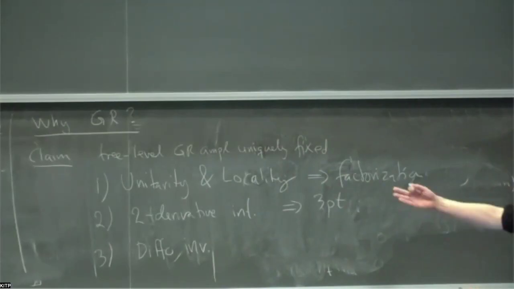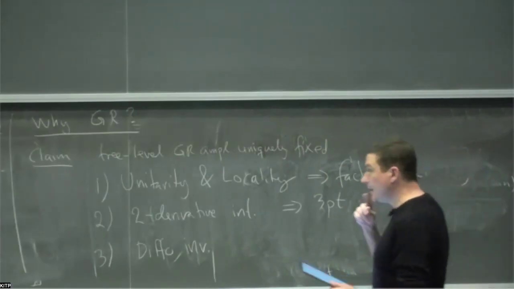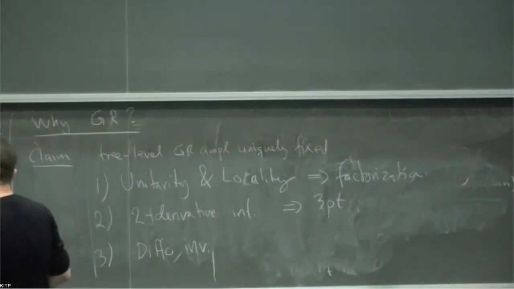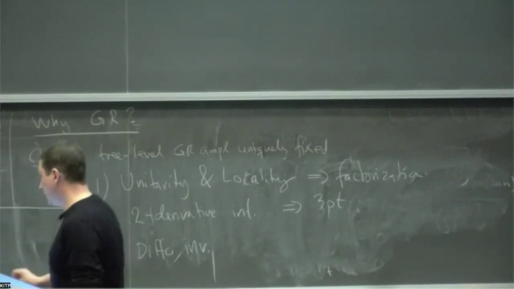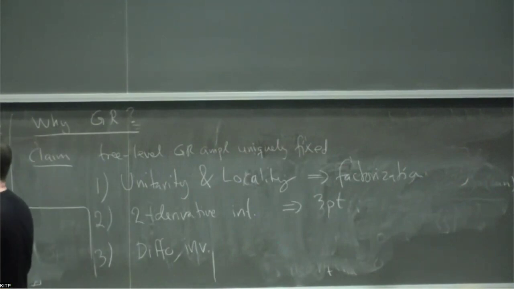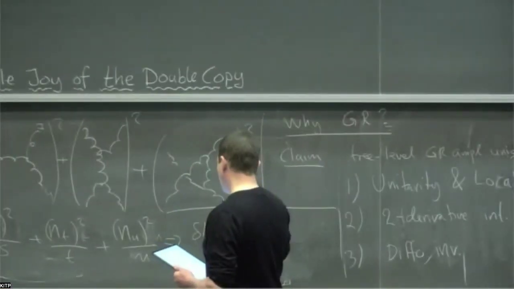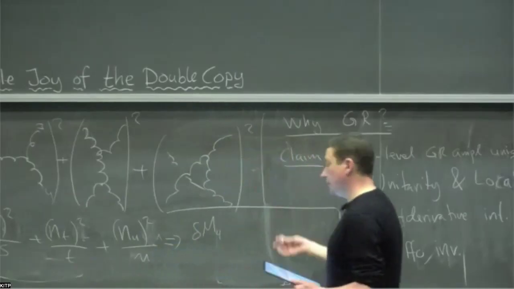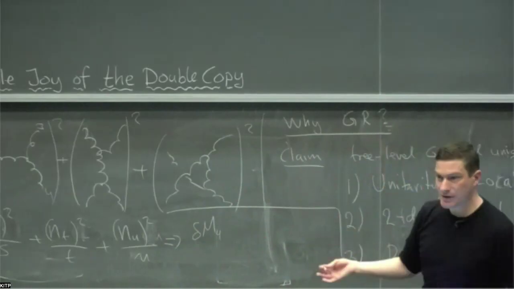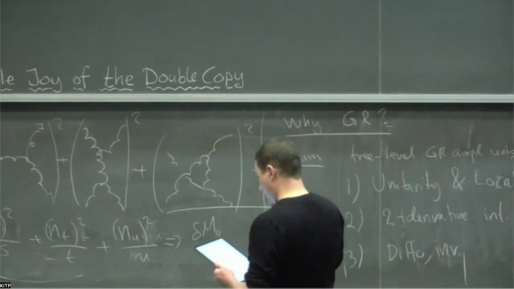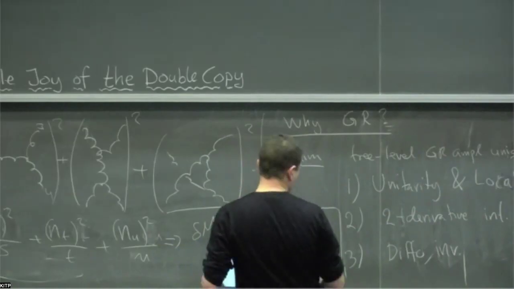So let's check that this amplitude is actually diffeomorphism invariant. What I can do is just do a gauge variation, or Ward identity, or whatever you want to call it, on my amplitude. Essentially, it's just an operation where I replace one of the polarizations with a momentum.